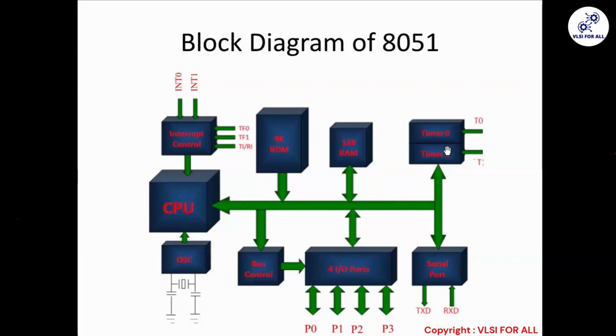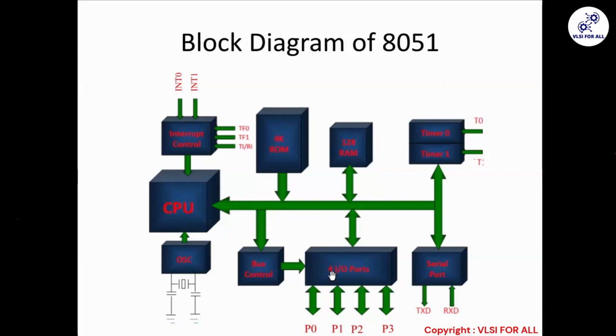So timer 0 and timer 1, two are available in the 8051. They have external access also by the pins T0 and T1. Now after that, there is bus control. Here is the logic which is a control place for controlling the bus.